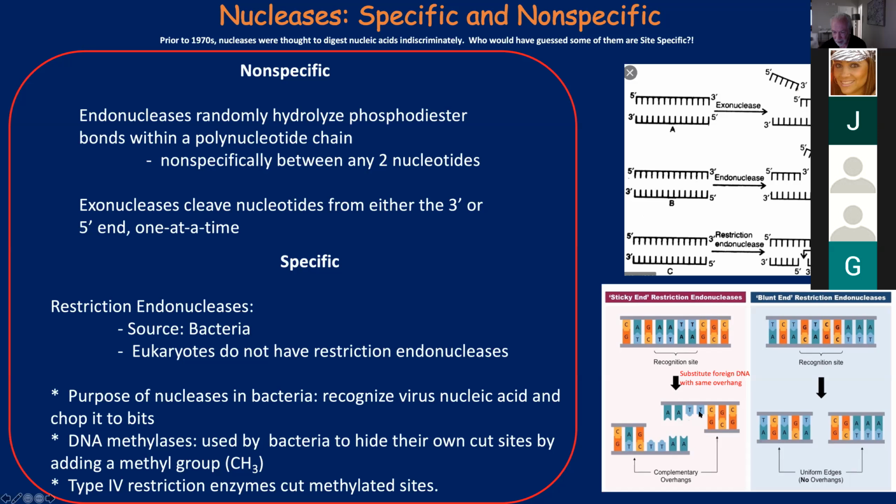So the AATT corresponds to the TTAA, and that is a sticky end, and you can substitute foreign DNA with the same sticky ends into that hole in that cut site, and that's how cloning is done. On the other hand, the cut site can result in blunt ends with no overhangs. That's also useful in molecular biology, but not as much.